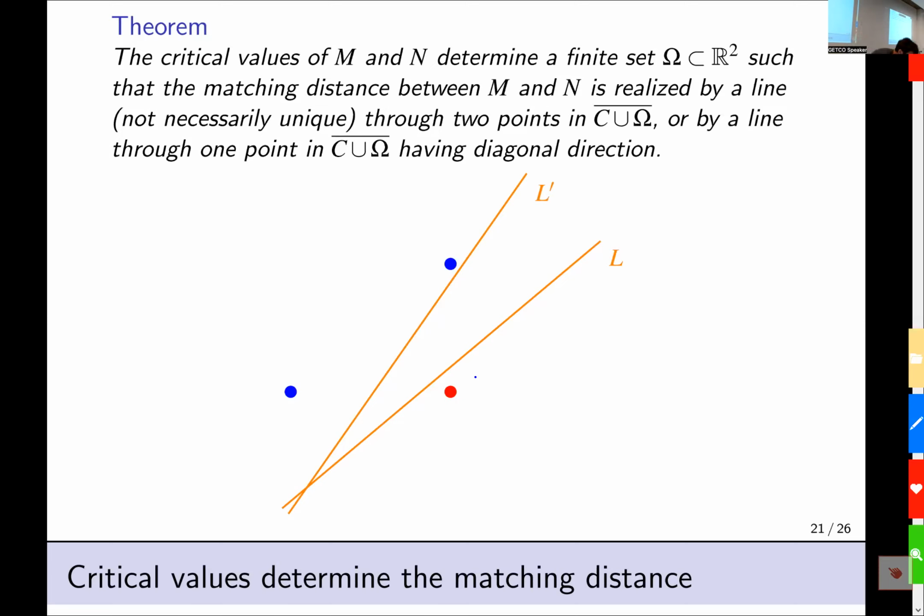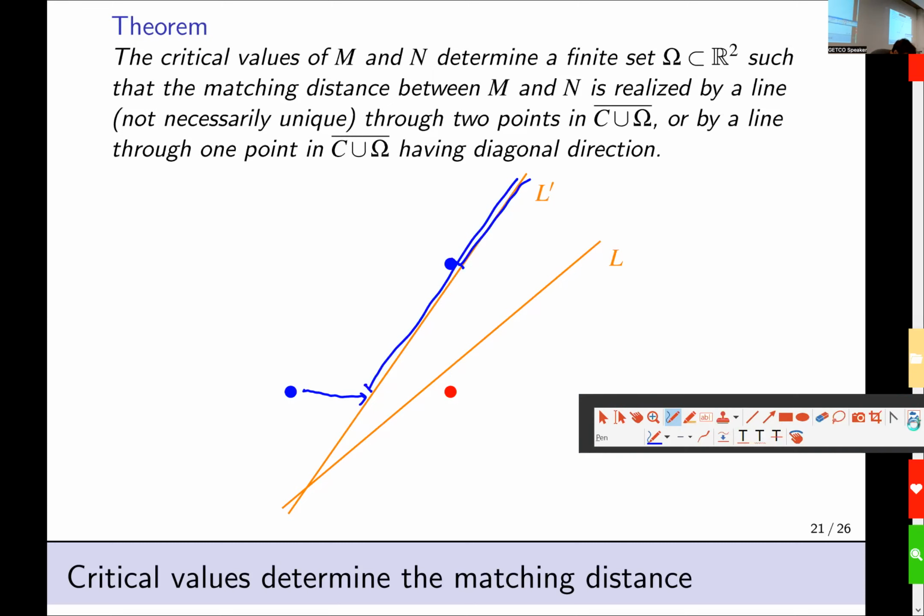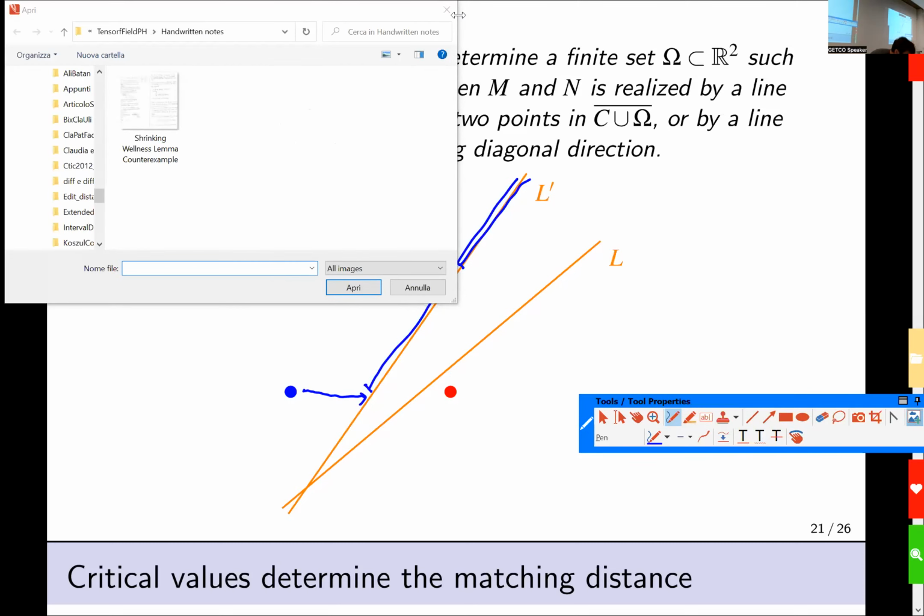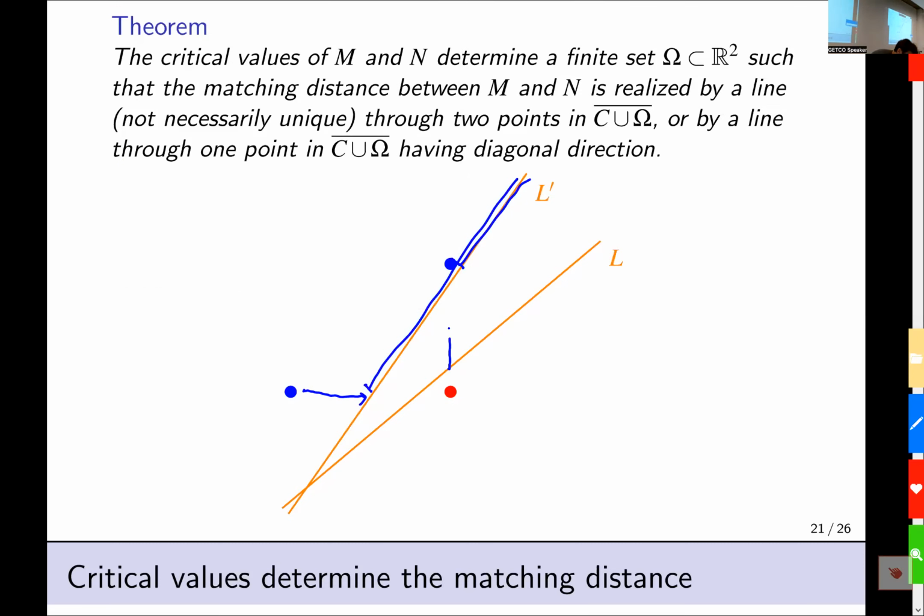For example, when I push onto this line here, the blue barcode could be like this, and the red bar could be like this. And so it is more convenient to match these two bars than matching this bar with the red one.